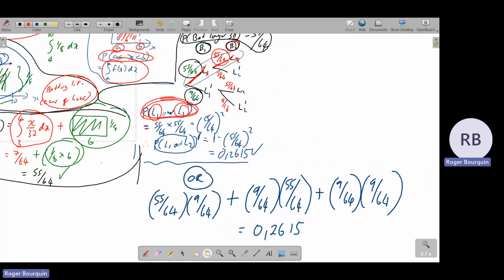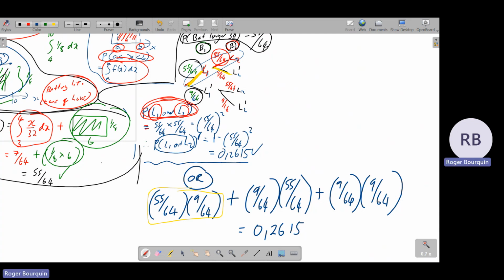So either you can have, I'm going to do it in yellow, this one lasts, the first battery lasts, but the second one doesn't. So that's going to be the route to that. This is a direct route instead of using the complementary space. So that's one route for the torch not to work in under 30 hours.